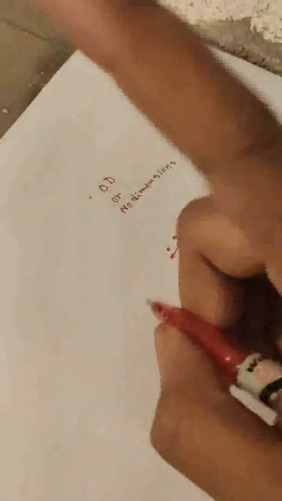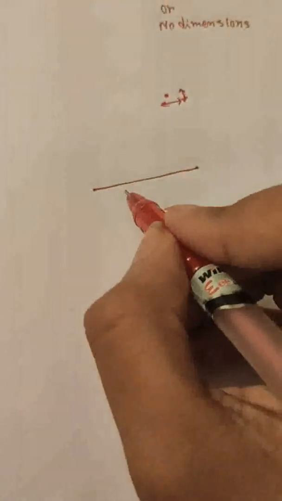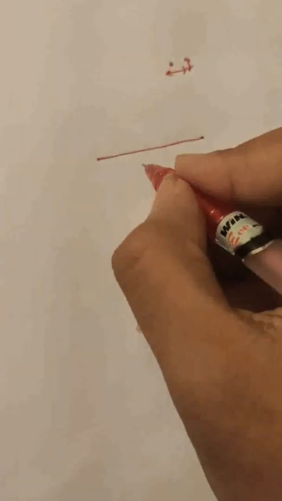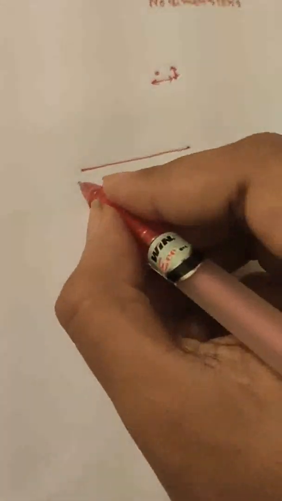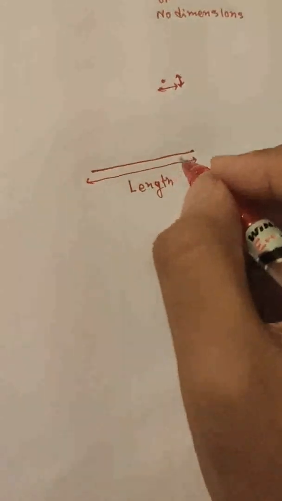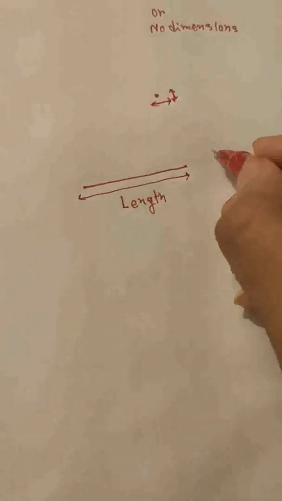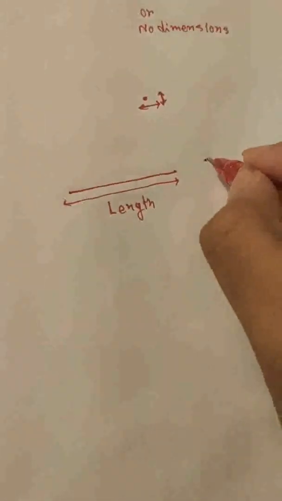After that we are going to discuss 1D, that means a thing that has only one dimension. If we draw 2 points and connect them with a straight line, the line has only 1D, that is length. You can measure this line along its length, either the x-axis or y-axis, whatever you imagine.